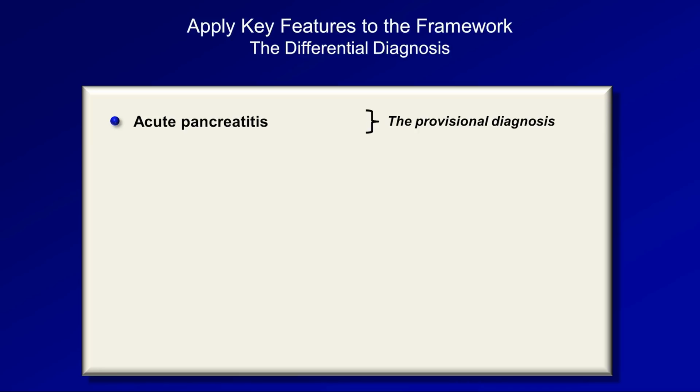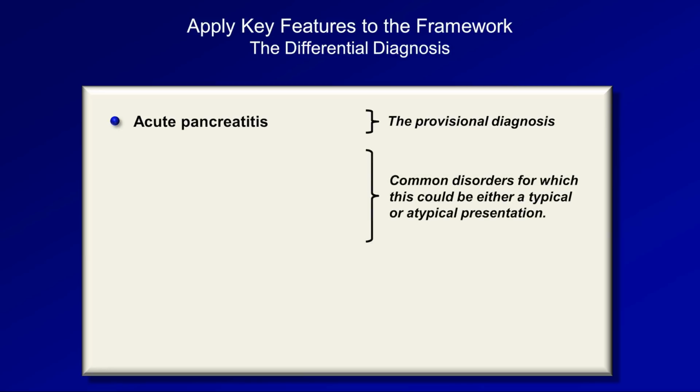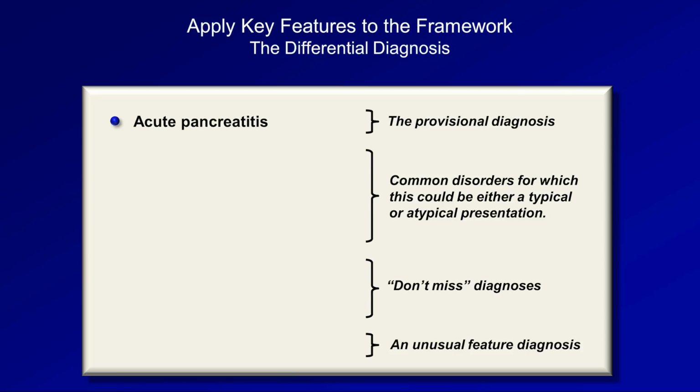In addition to the provisional diagnosis, the other categories of diagnoses which belong in the differential are those conditions which are common and for which this could be either a typical or atypical presentation, those diagnoses which are rapidly fatal if missed, for which this could plausibly be a presentation, and finally, any diagnosis that is specifically suggested by an unusual element of the presentation, even if the diagnosis itself is rare.